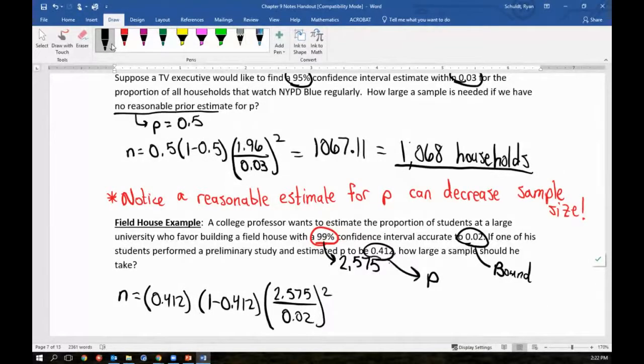So if you do that calculation, 4,015.77, which means how many people need to be surveyed? 4,016.